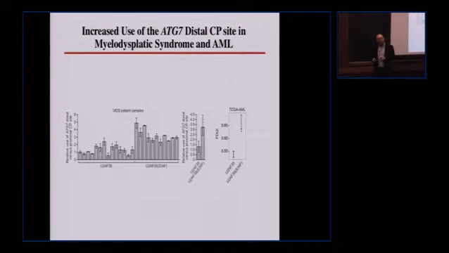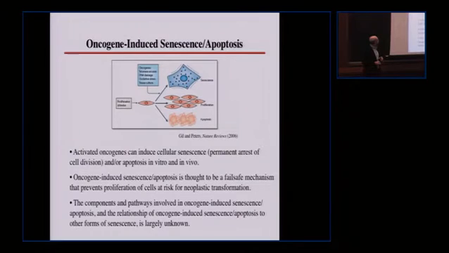Okay, so the third part of my talk, I'd like to discuss a well-known anti-cancer prevention mechanism called oncogene-induced senescence and apoptosis. If you take a normal cell and you introduce into it an activated oncogene, the cell senses something that's wrong and mounts a response to prevent further progression to cancer.